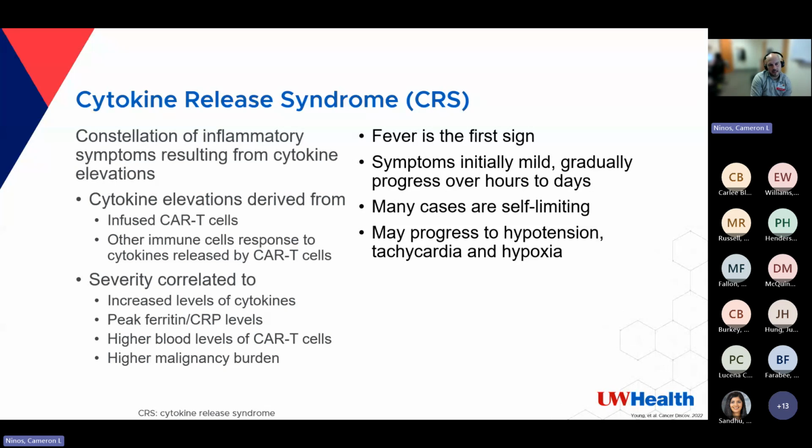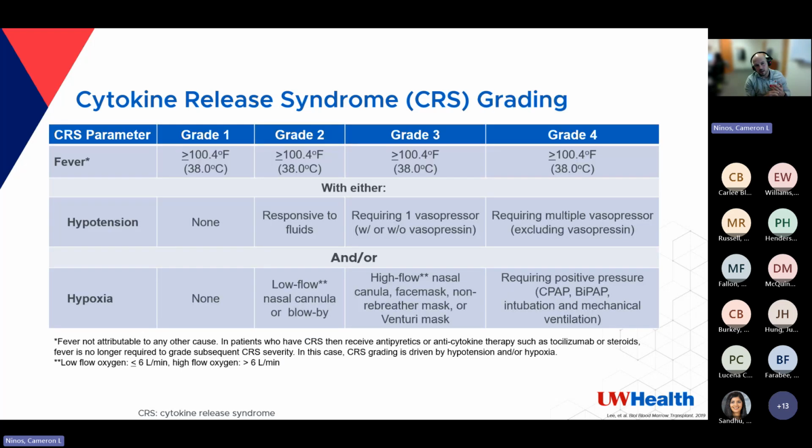The nice thing about CRS is that it does give you a warning signal, which is fever, that tends to be the first sign at onset. And symptoms do tend to be mild, but they can progress from there. And then looking at our grading scale, ASTCT about 5 years ago now released the official grading scale that's the dogma for this.